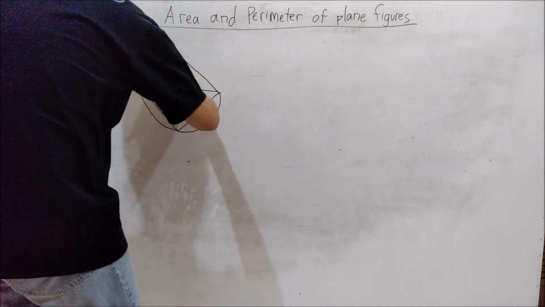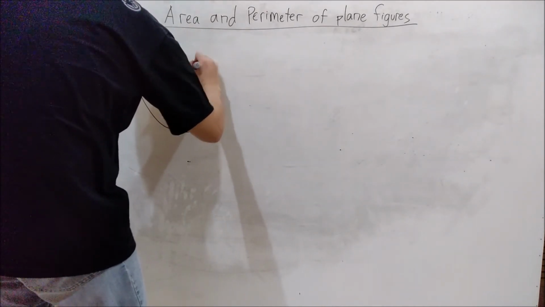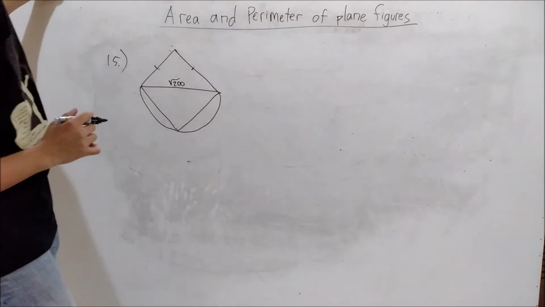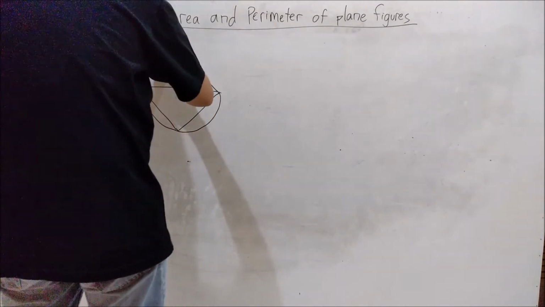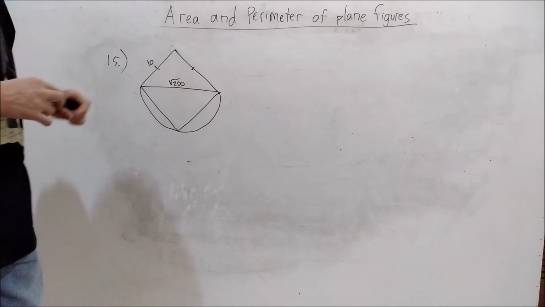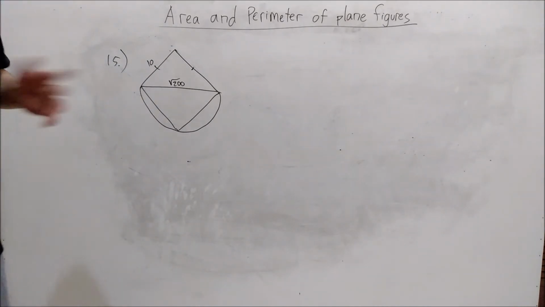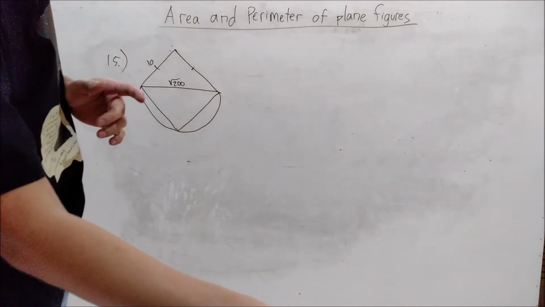Well, it tells us that this is square root of 200. The square itself is 10. 1, the perimeter of the shaded region.